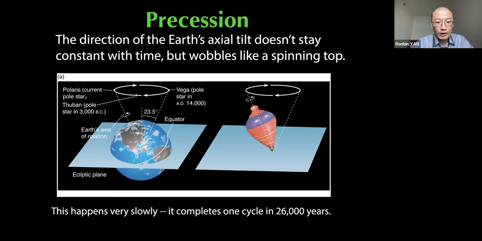It's very close to the point that our Earth's rotation axis points at. And because the rotation axis is wobbling around, which star is close to the north celestial pole actually changes.